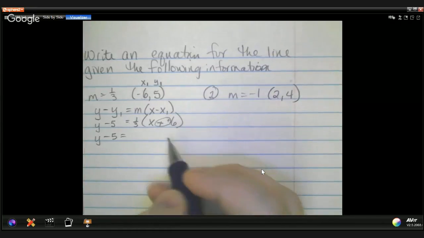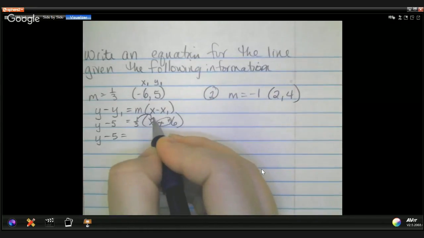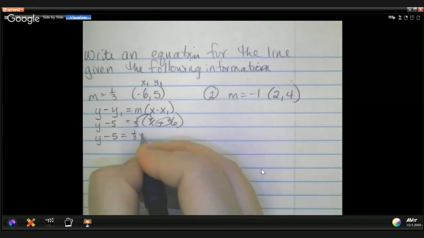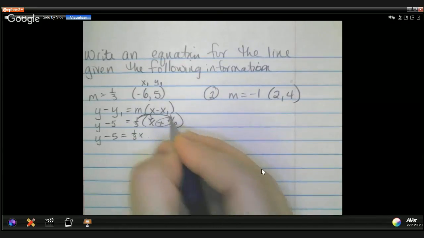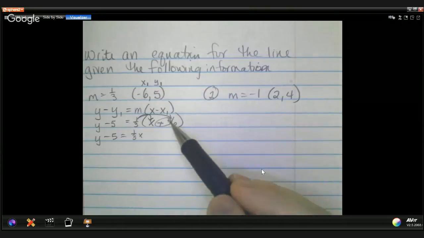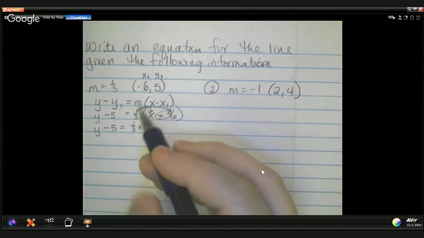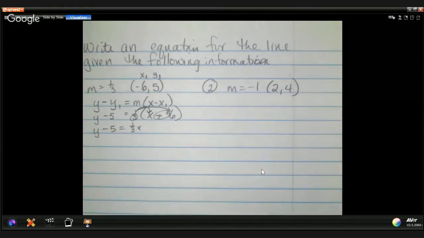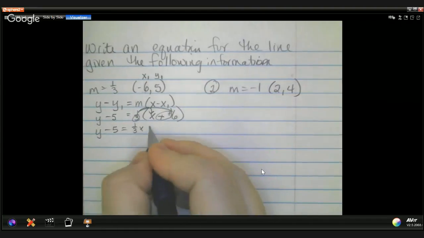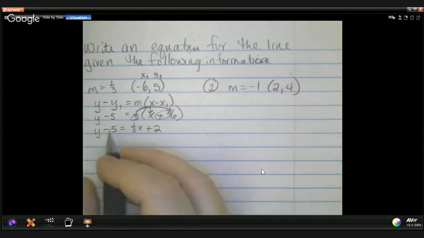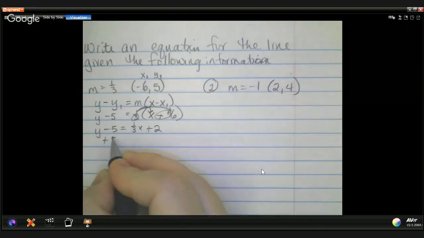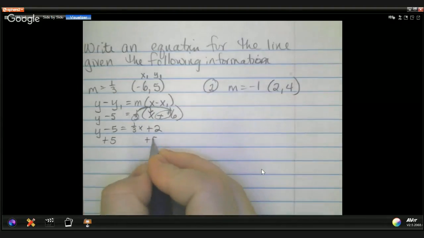And now I'm going to distribute. 1/3 times x is 1/3 x. 1/3 times 6, well, that's 1 times 6 divided by 3, which is 2. Very good. And now I need to get rid of a minus 5, so I add 5 to both sides.